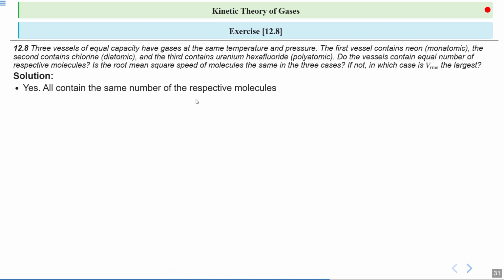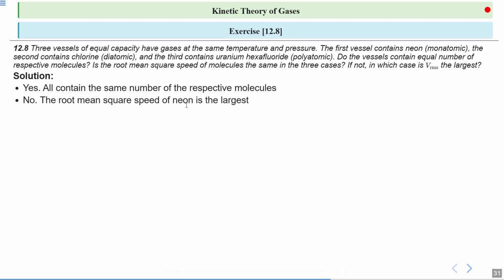So let's start by addressing the first part of the question. Yes, all three vessels contain the same number of molecules. This is because they are at the same temperature and pressure, and according to Avogadro's law, equal volumes of gases at the same temperature and pressure contain an equal number of molecules.